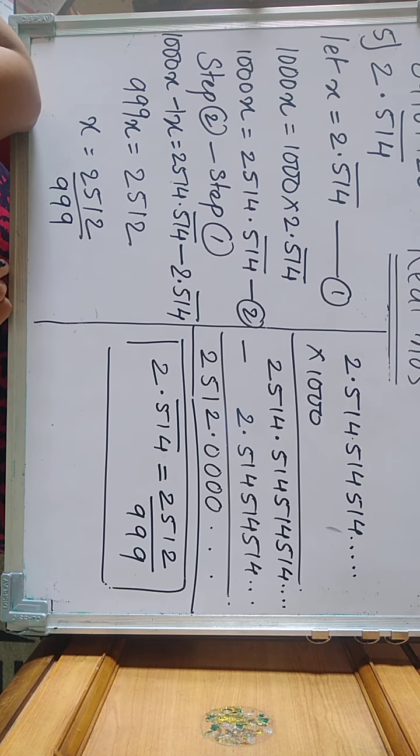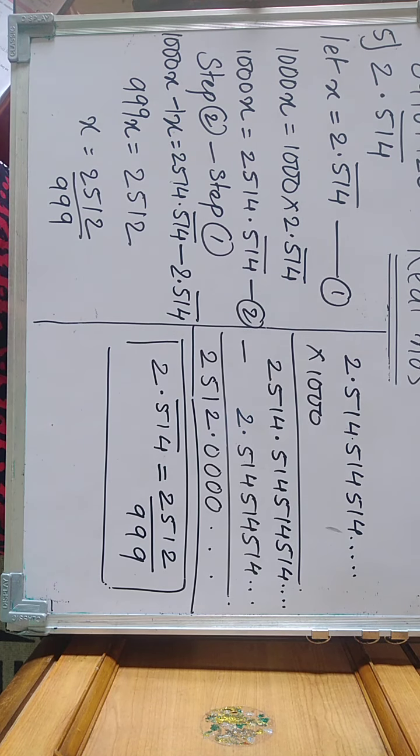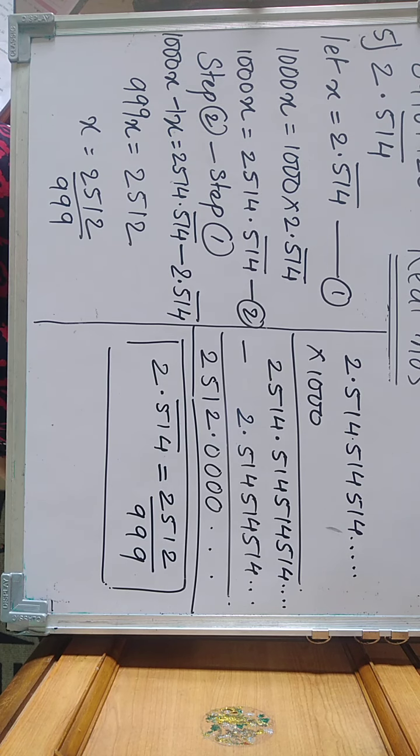Okay, now we have completed exercise number 2.1. After exercise 2.1, children will be solving root 2 and root 3. In 8th standard, we have already learned how to draw root 2 and root 3 on the number line.